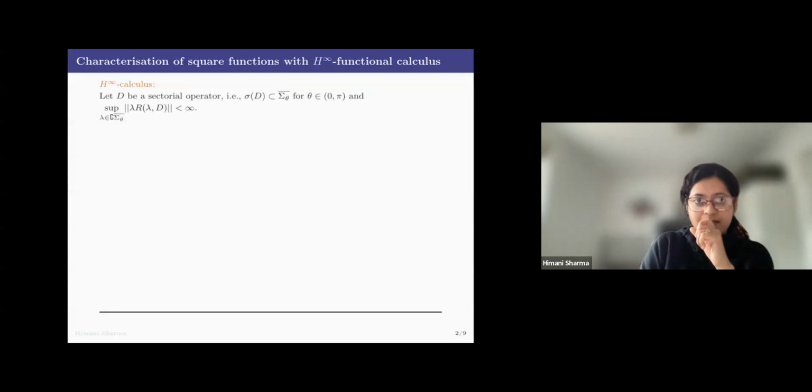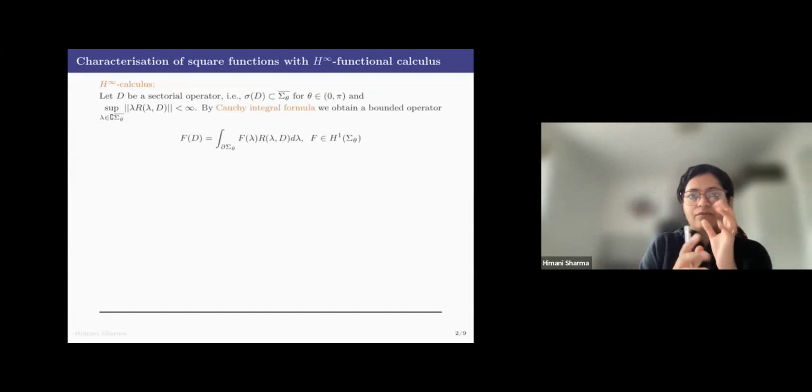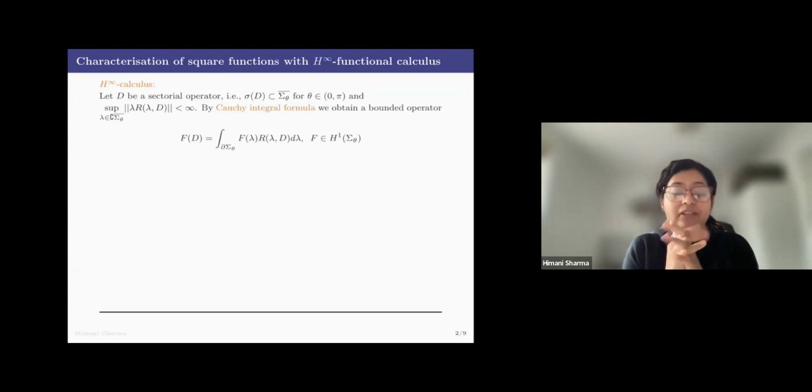Now, if that happens, then with the help of the Cauchy integral formula, we can define the bounded operator f of D as the integral taken over the boundary of the sector of the function f of lambda times the resolvent of the operator D, where we take these functions in the class H1 sigma theta.